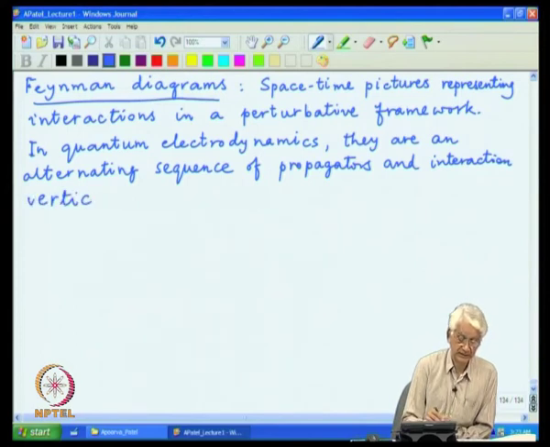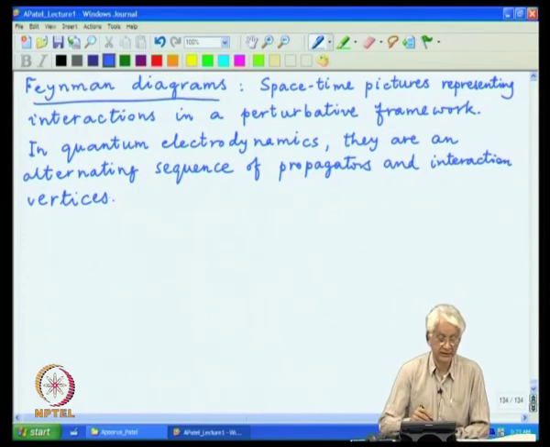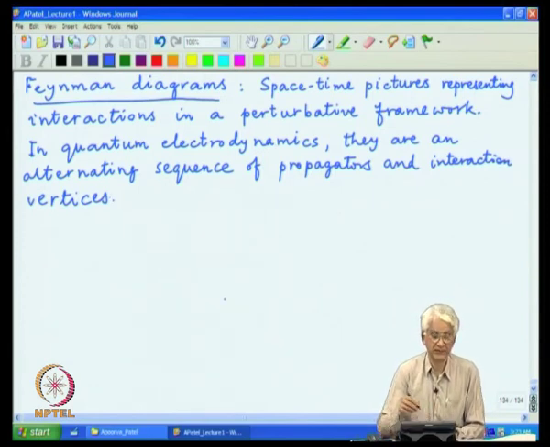interaction vertices. One is quite accustomed to saying that a particle propagates from this location to the next location, has an interaction there, then it propagates further to a third location, has another interaction there, and so on and so forth.